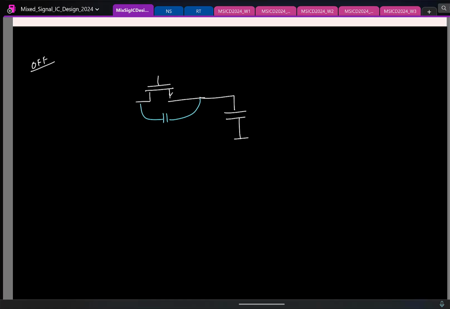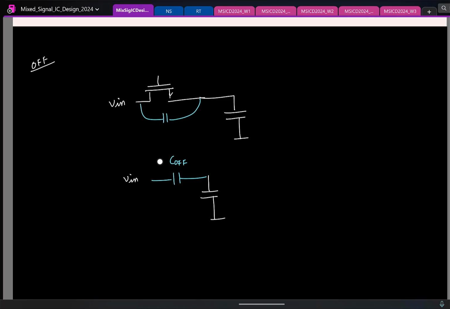So which means even when the switch is supposed to be off, you have a case like this. Of course, this off capacitance will be very small, so in most cases this will not be an issue. But even if it is an issue, there are simple tricks. I will give it as an assignment for you to work out.